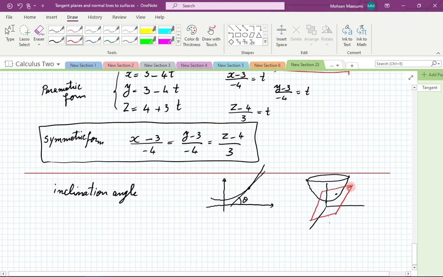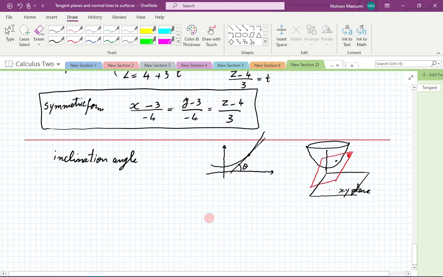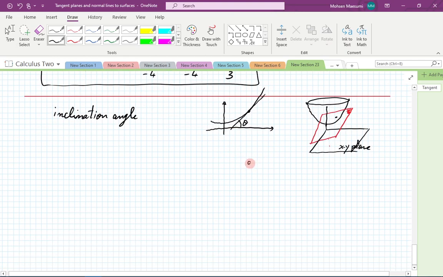Let's call this tangent plane pi, and then we have this xy plane here. So the question is, what is the angle between the tangent plane and any of the coordinate planes?